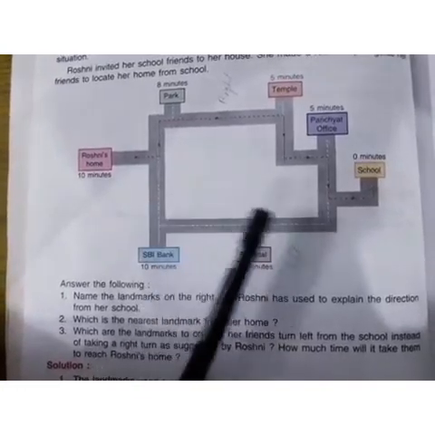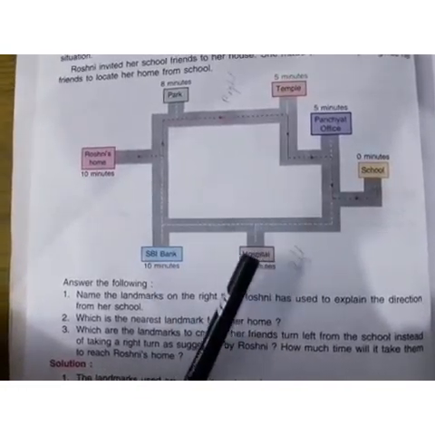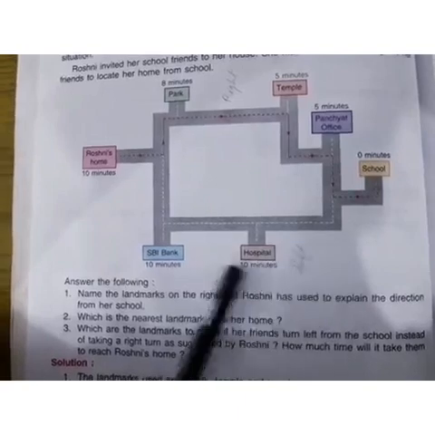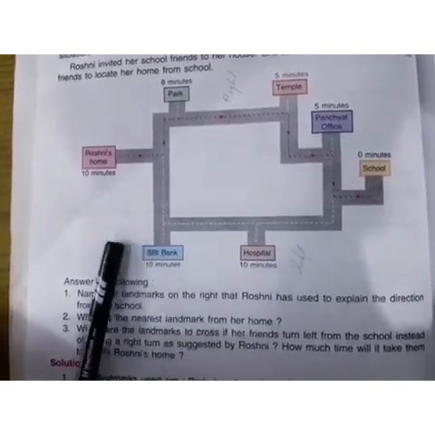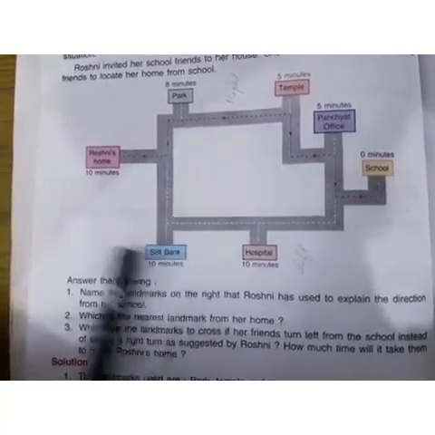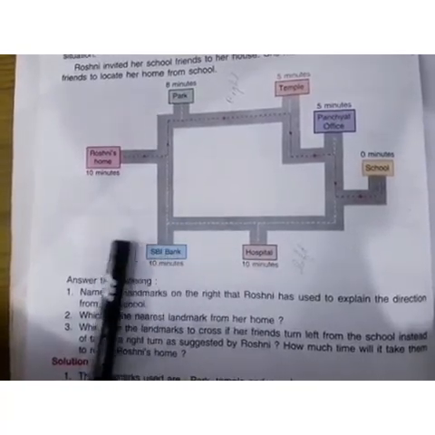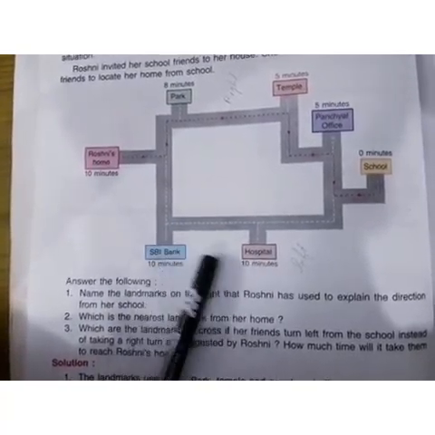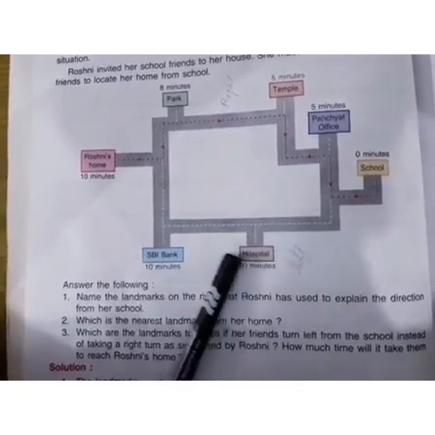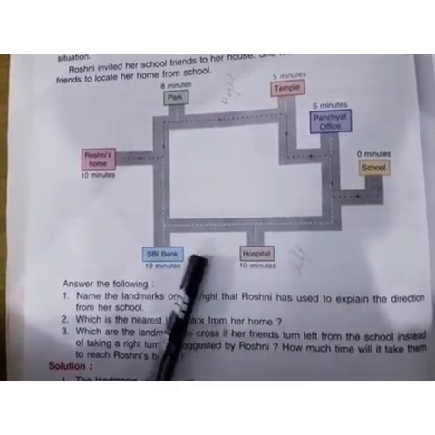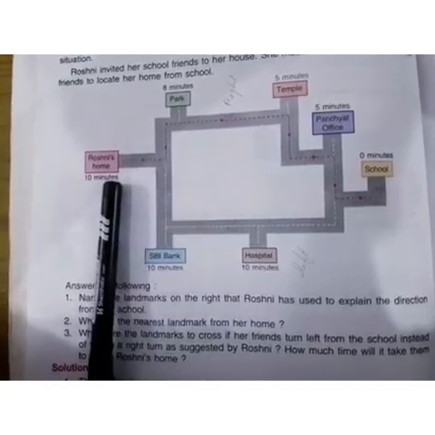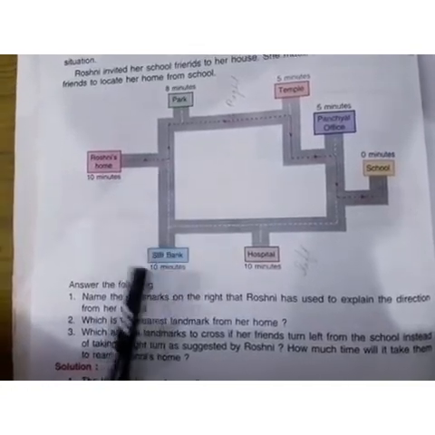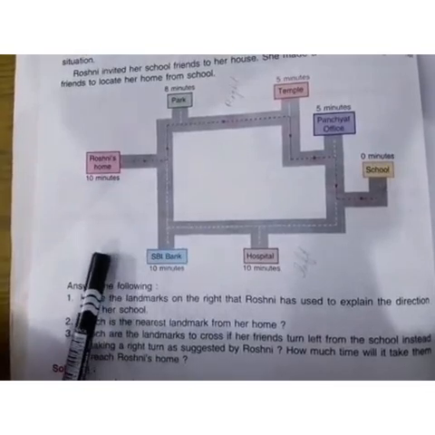Here again we can see 3 places, 10 minutes to reach here, again 10 minutes, 3 turns are there. And if they take the left they have to cross the hospital and SBI bank, and they will reach Roshni's house and take a total of 30 minutes.